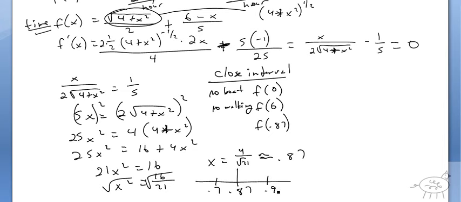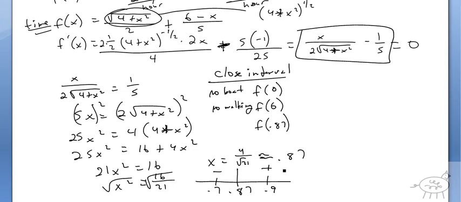And again, we're trying to minimize the time. So if you plug this back into the derivative equation, which is back over here, it's kind of a big problem to fit on this one screen. And you put 0.7 in there, it is going to be a minus, and the 0.9 is going to be a plus.